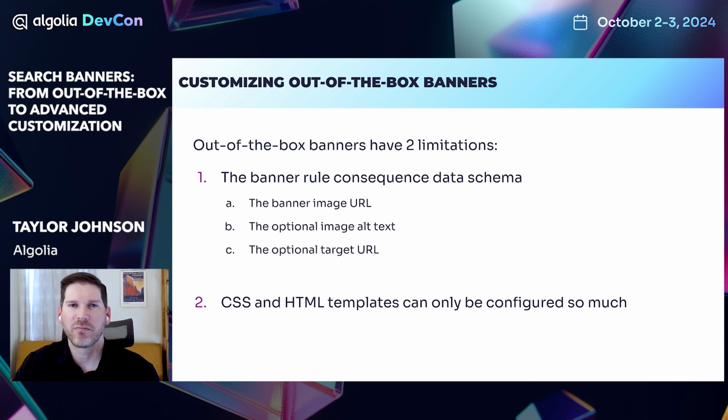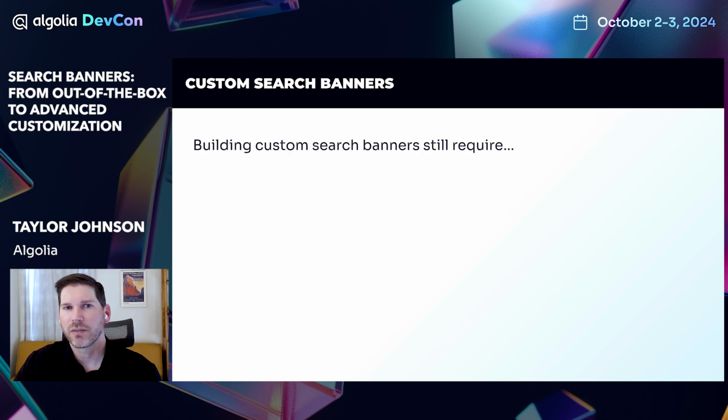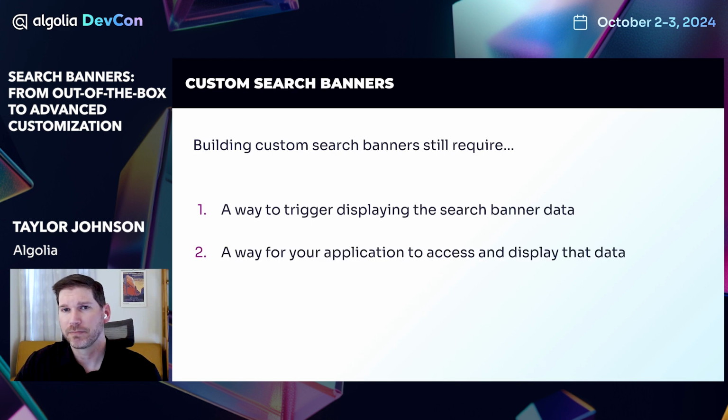What happens when you have more complex data or more complex layout needs? We can get around those limitations with custom search banners. Custom search banners still require a way to trigger displaying the search banner data and a way for your application to access and display that data.